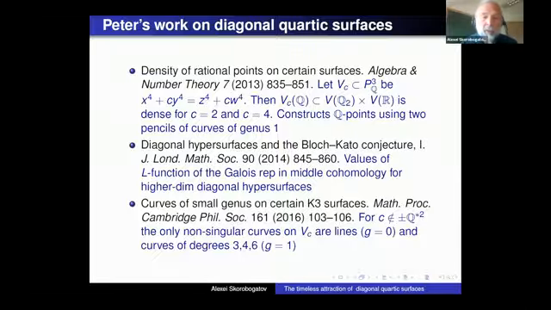So Peter mentioned to me once that his first paper was on diagonal quartics and his last paper would be on diagonal surfaces. So he was really attracted to this crucial testing case of arithmetic beyond abelian varieties and beyond geometrically rational surfaces, where he also worked.